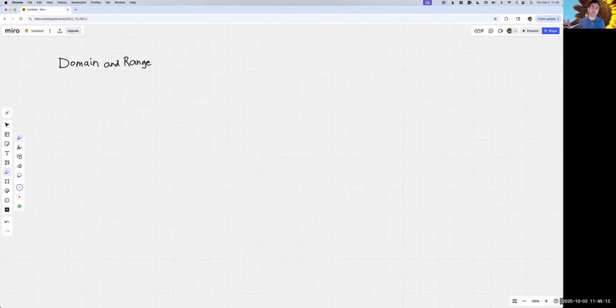So the input's altitude and the output is pressure. Well, the domain is going to be whatever max and min altitude that plane experiences, right? And while the function might mathematically make sense for lots of different numbers, if our plane is only in some certain domain of altitudes, those are the only ones that make sense to talk about for the function.